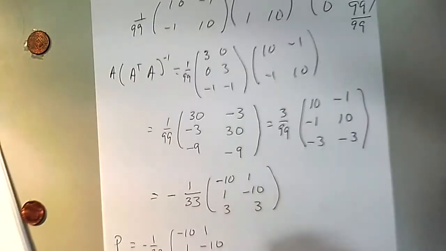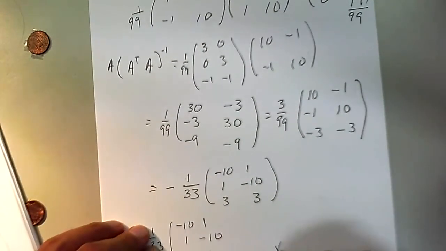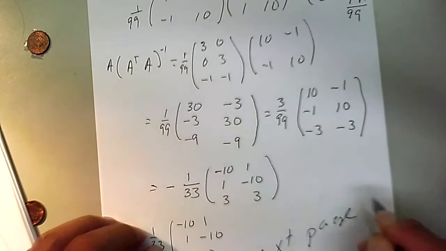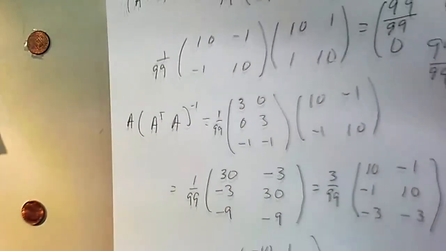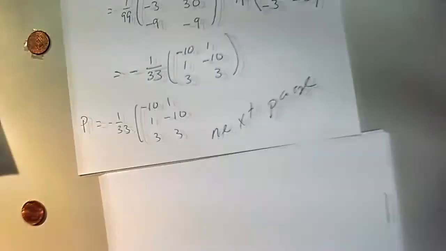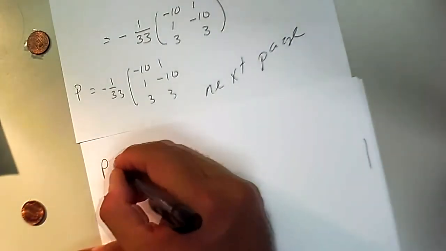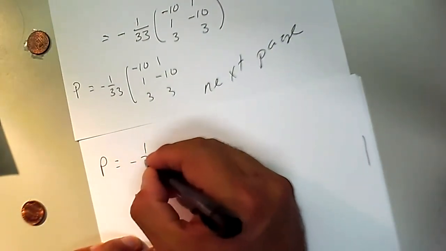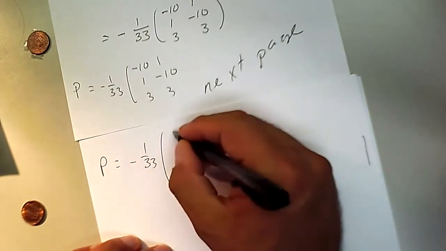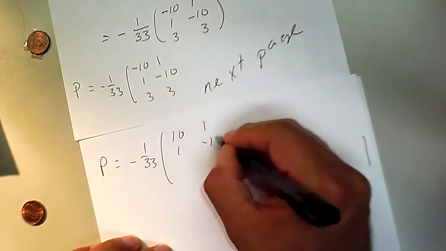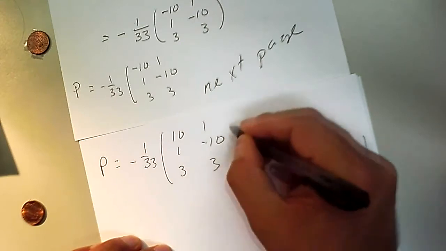Boy, I'm just going to do this on the next page. There's no room here. So the projection matrix P is negative 1 over 33, 10, 1, 1, negative 10, 3, 3.